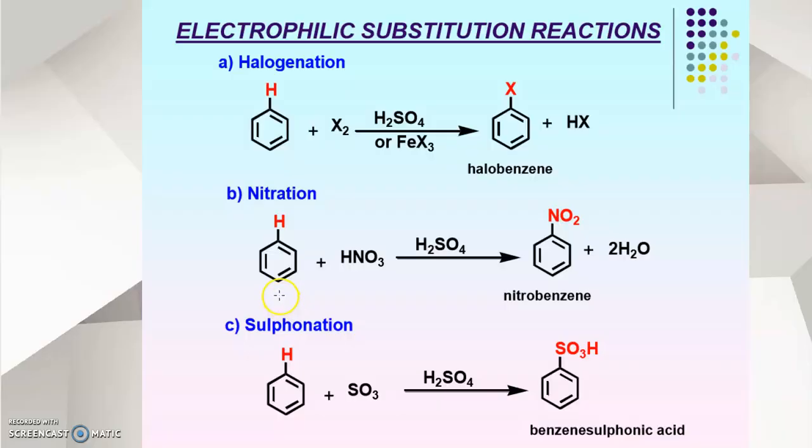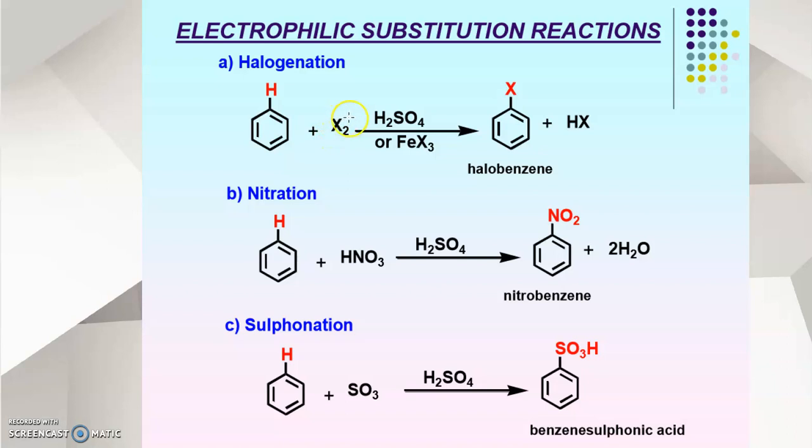Next is the electrophilic substitution reaction. I mentioned this earlier. You need to remember that when you use benzene as a starting material, benzene has 6 corners, and each corner has 1 hydrogen, because the formula for benzene is C6H6.